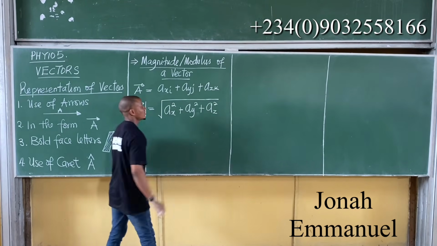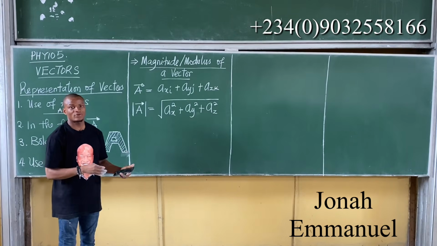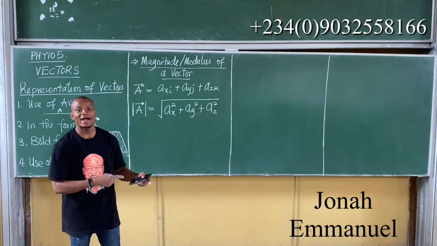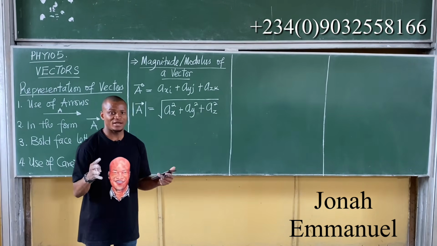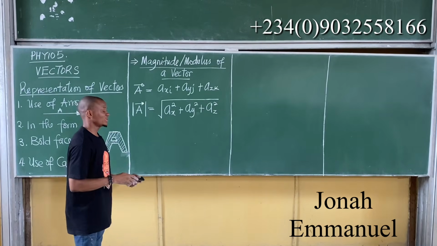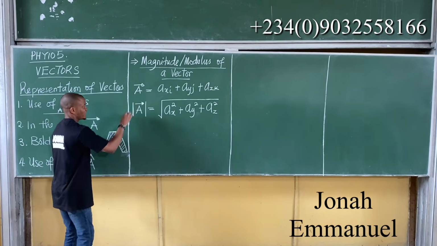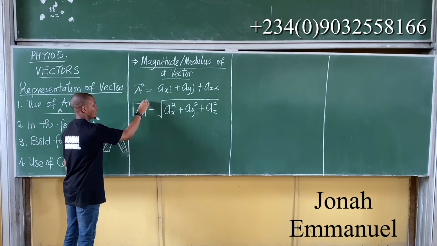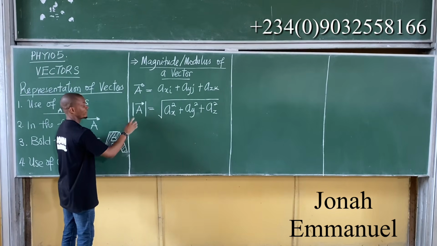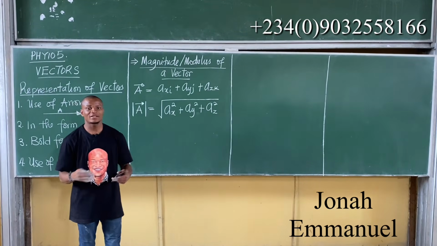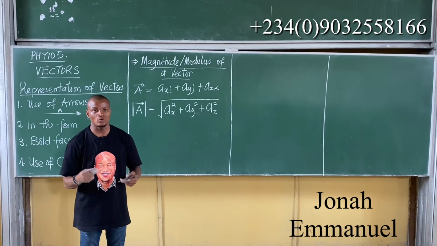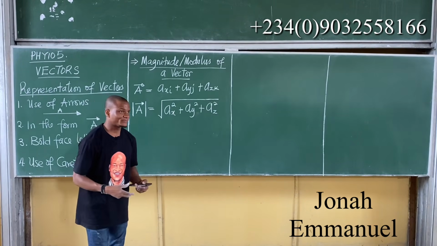This is how we get magnitude. Take the coefficients of i, j, and k, square them, sum them, and take the square root. Like I said, magnitude simply means numerical value, and that's all.